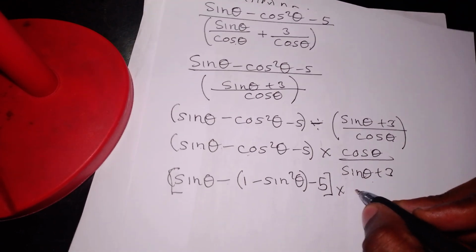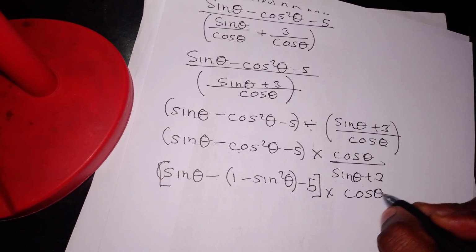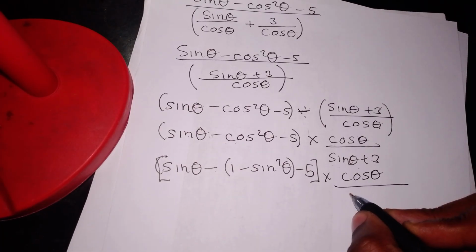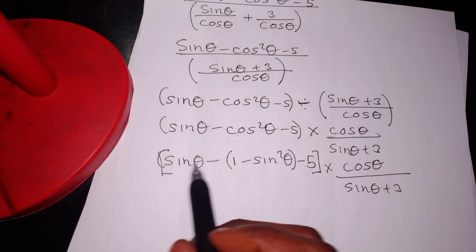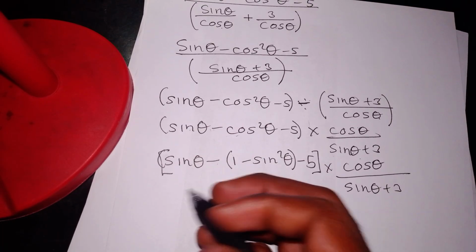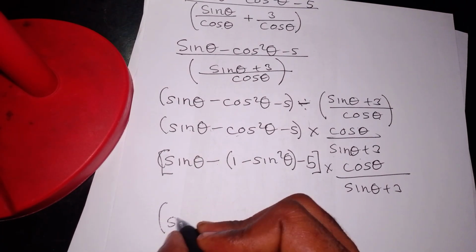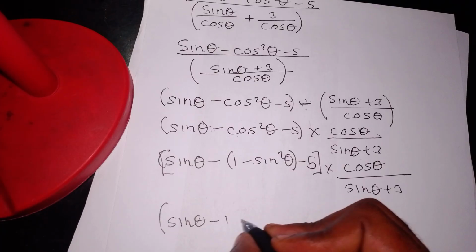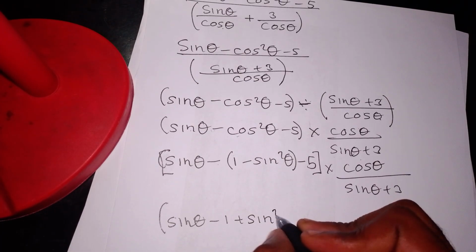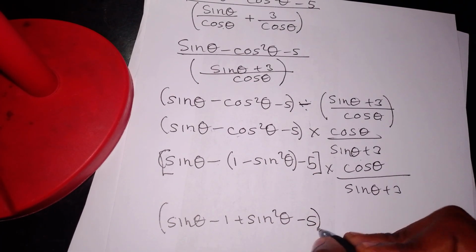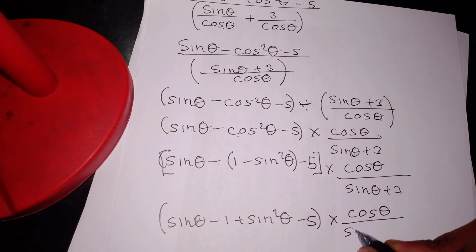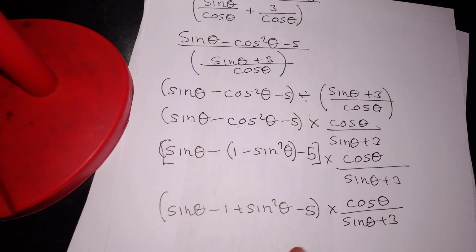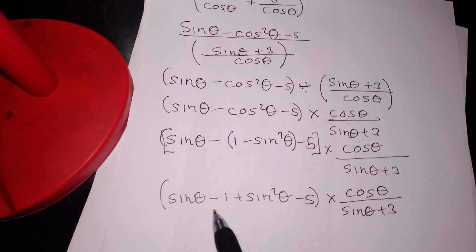And then multiplied by cos theta over sine theta plus 3. And then now you can expand this, so you can say sine theta minus 1 plus sine squared theta minus 5 multiplied by cos theta over sine theta plus 3. And then you can just rearrange these terms.